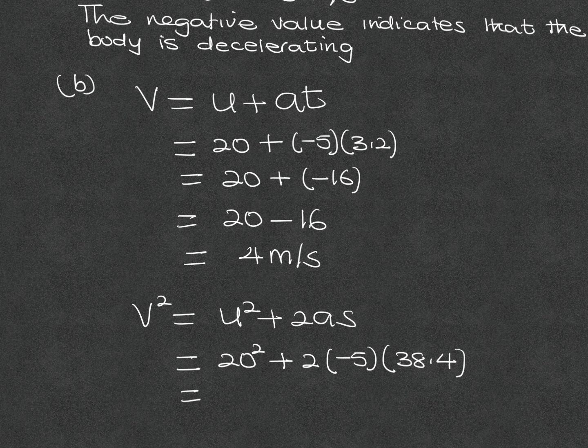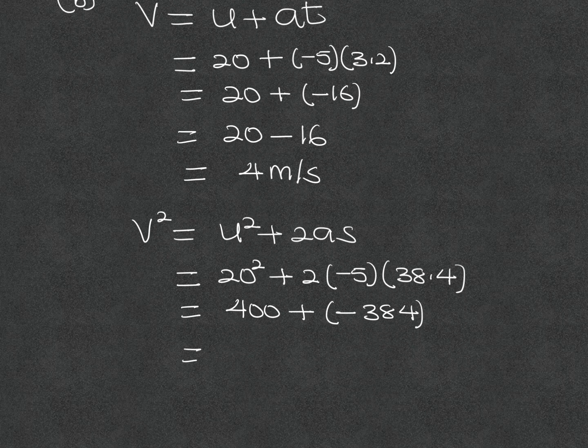So that will be 20 squared is 400 plus 2 times negative 5 times 38.4 is negative 384. So that will be 400 plus minus is minus 384.